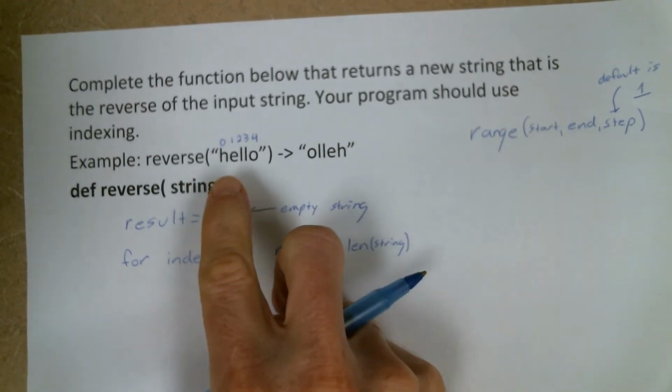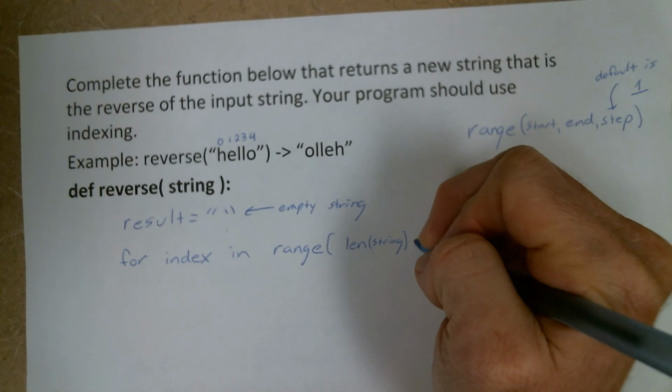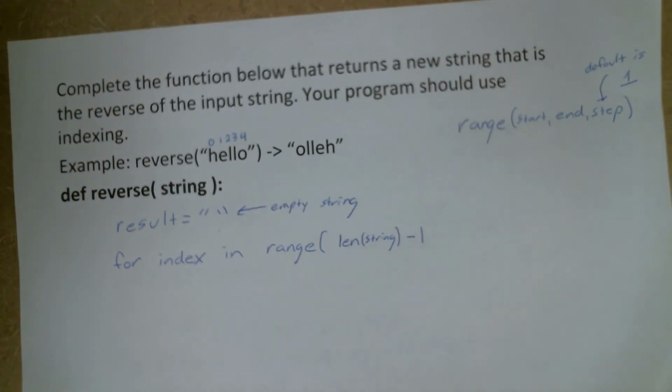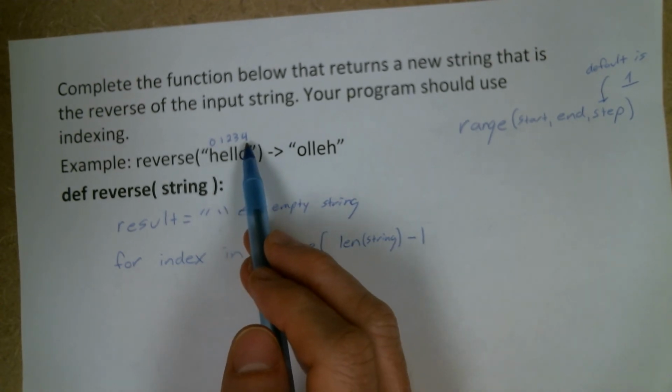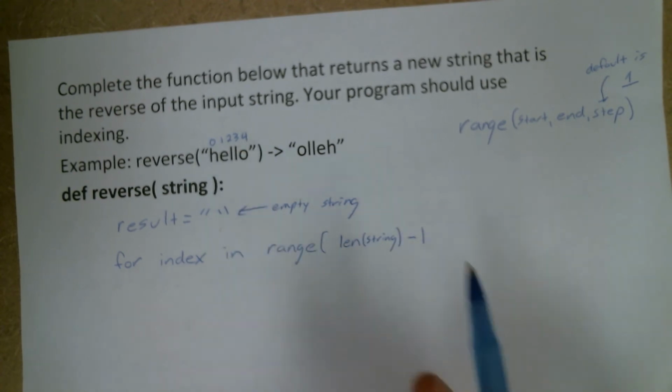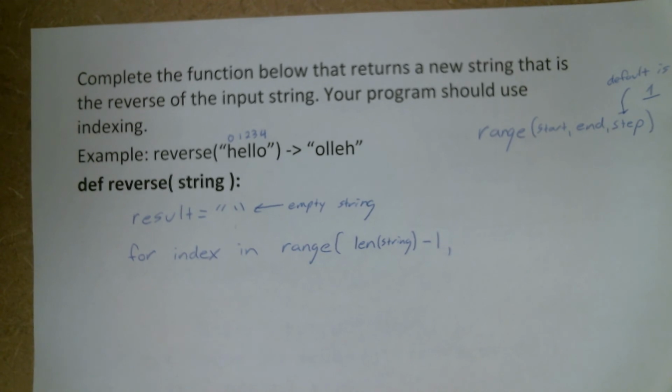Now, the length of the string would actually be 5, so it starts at the length of the string minus 1. For the example of hello, that would be 4. Now, you might be saying to yourself, well, I want it to stop at 0, so I'm going to put a 0 here.